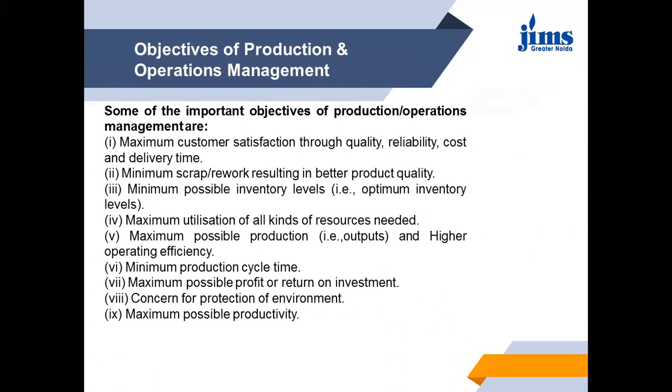Moving on to the subtopic called objectives of production and operations management. Now there are some very important objectives of production and operations. First is maximum customer satisfaction through quality, reliability, cost, and delivery. That means it aims at producing optimum quality, reliable goods and services which are safe and which customers can bank upon, cost effective in nature, and delivered at the right time whenever demand arises on the part of consumers or customers.